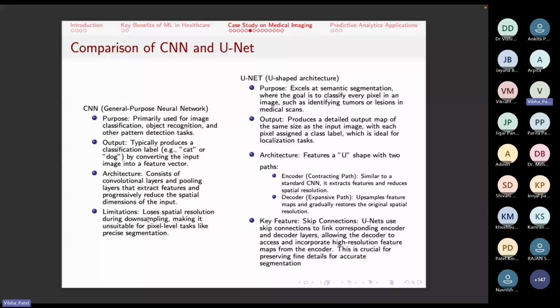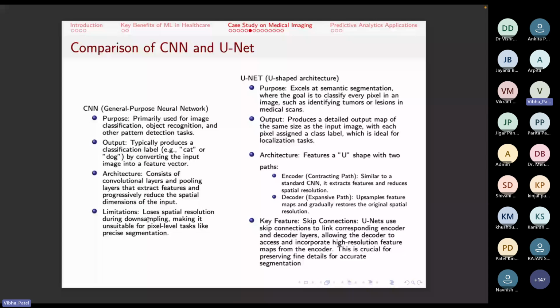This in turn allows you to retain the location where the tumor exists in your original image, and this location is of utmost importance to classify a tumor into a specific category. Okay, tumor existence and categorizing it into its specific type are two different things, which cannot be explicitly performed by CNN, but UNet can perform this task.